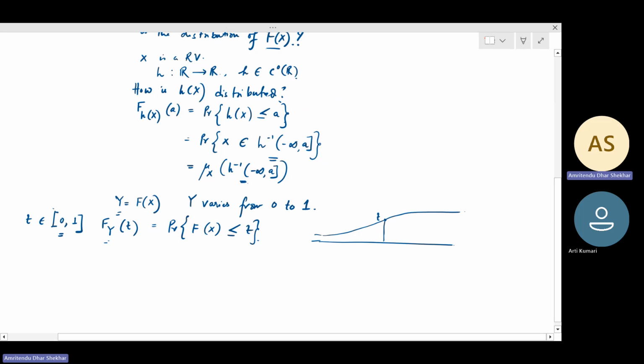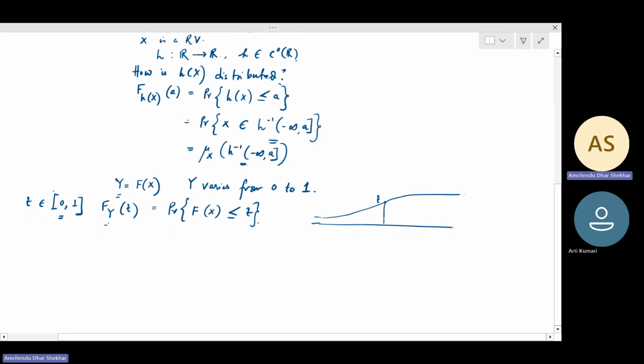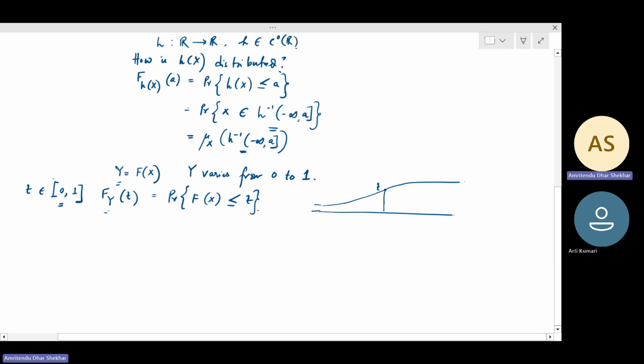This is the height t. Because x is a continuous random variable, the equation f of x equals t is going to have a solution, because f of x is also continuous.